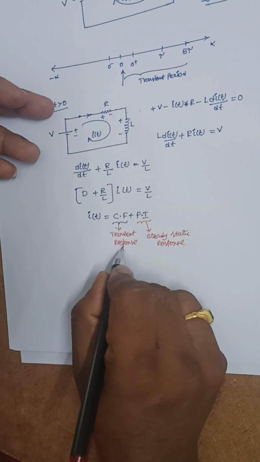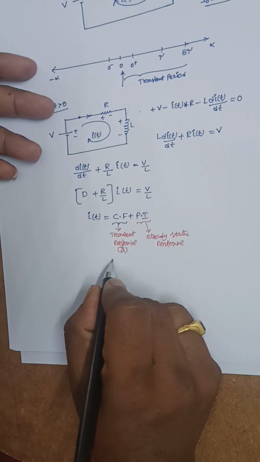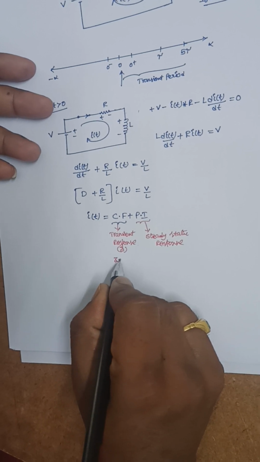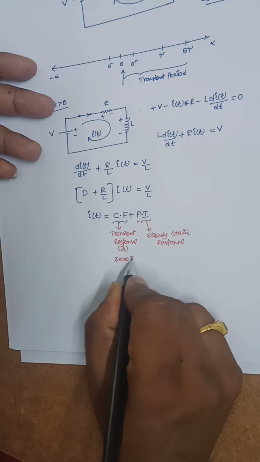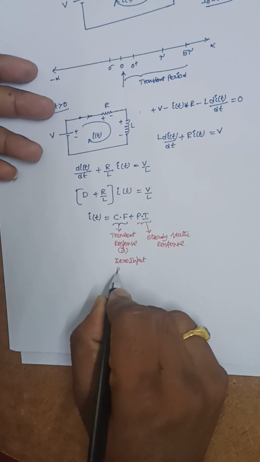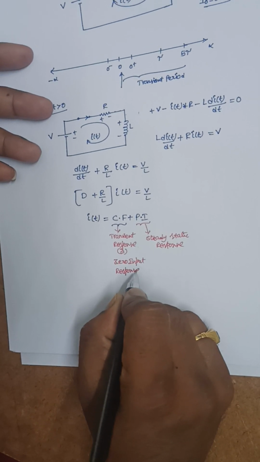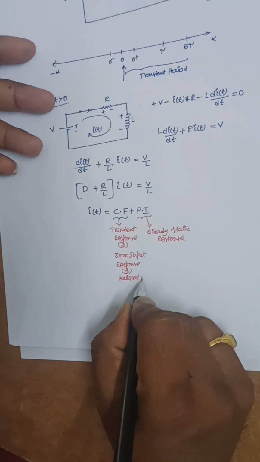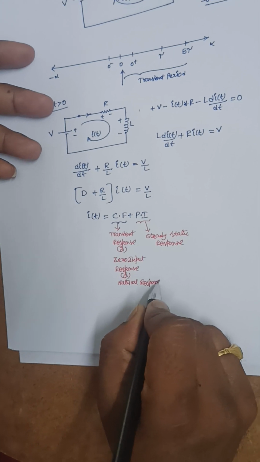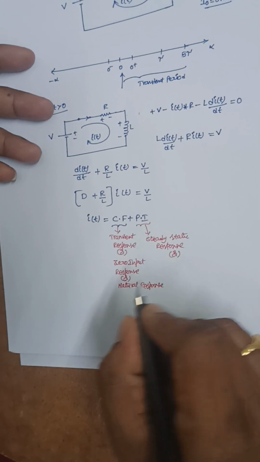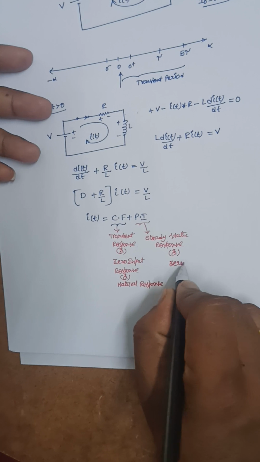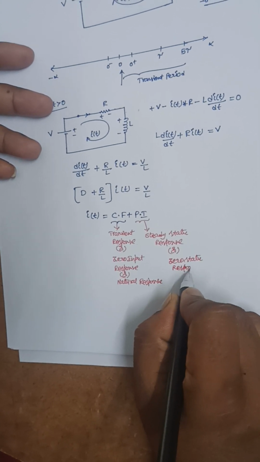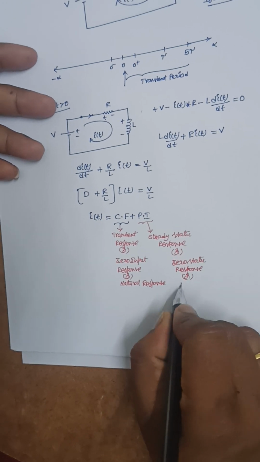This transient response can also be called zero input response, or natural response. This steady state response can also be called zero state response, or forced response.